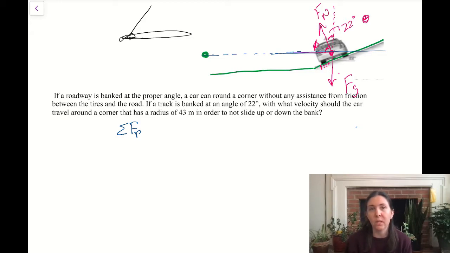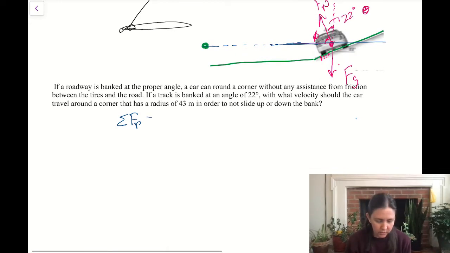Part of the normal force is pointed in that direction, so the sum of forces in the radial direction will be our normal force in that radial direction. You could think of it as this little piece here, FNR. Using sines and cosines, I see that that's my adjacent side, so I can rewrite this as the normal force times the cosine of phi.